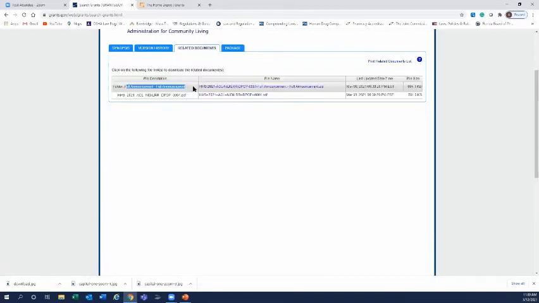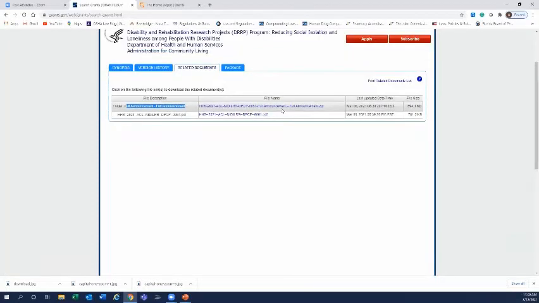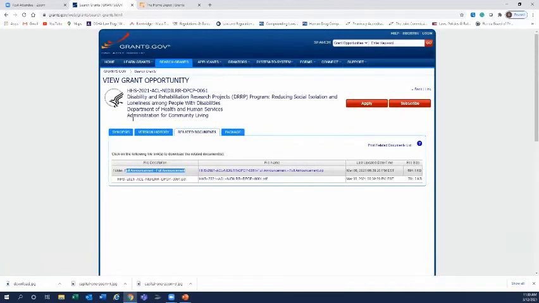You can see it has the full announcement, and you can open that zip file or that PDF and check out the full announcement. We won't do that today. We'll do that in the government grant write-in workshop. But this essentially just shows how you search grants.gov and apply for a federal opportunity.